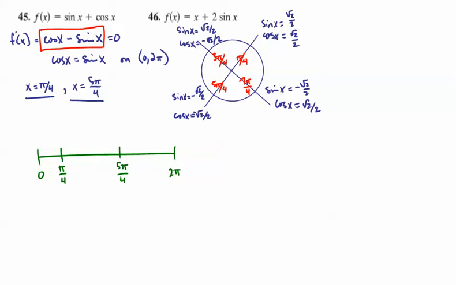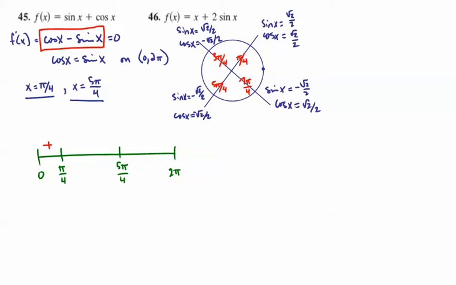So we want to know from 0 to pi over 4, cosine is starting at 1 and moving down to root 2 over 2. Sine is 0 and moving up to root 2 over 2. So that means that cosine is always greater than root 2 over 2 and sine is always smaller than root 2 over 2. So that is going to give us a positive value in there.